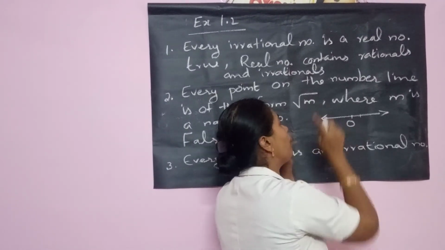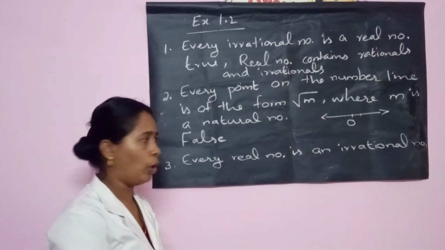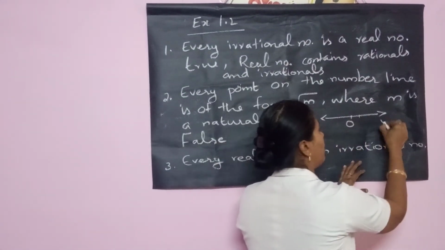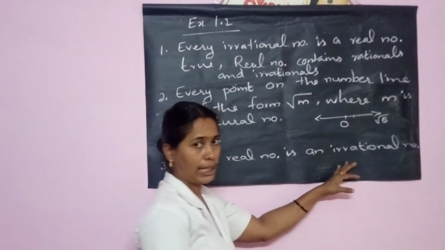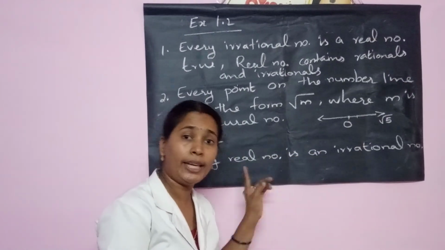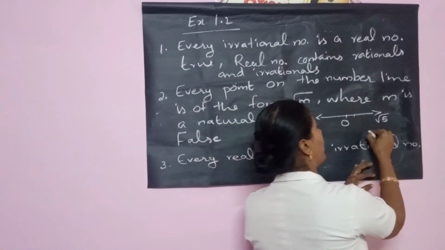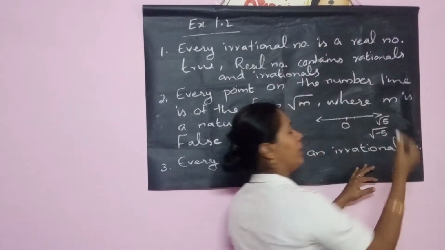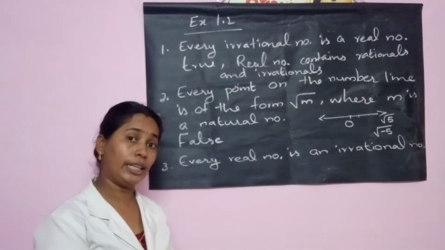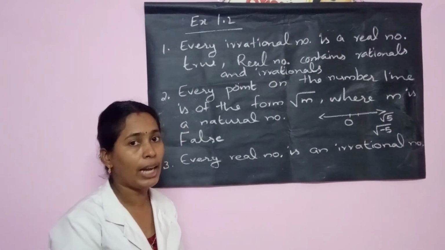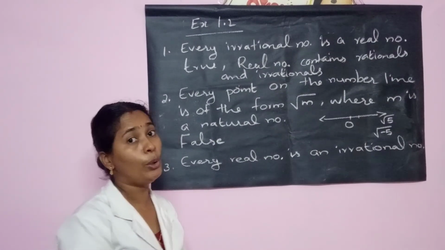Suppose you consider a number of the form root 5; it is possible, we studied it now. Root 5 can be represented on the number line. Suppose you take root of minus 5; what will happen? Can you represent it? No. Why?